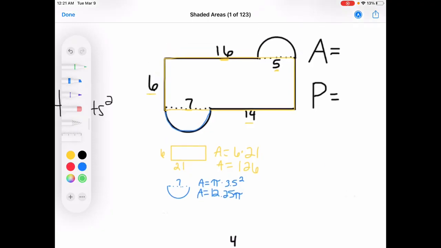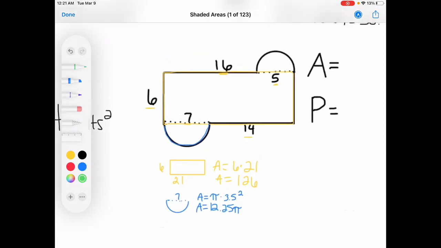And then I have another semicircle here that has a width of 5. So pi times radius squared. So if 5 is my diameter, that means my radius is 2.5.